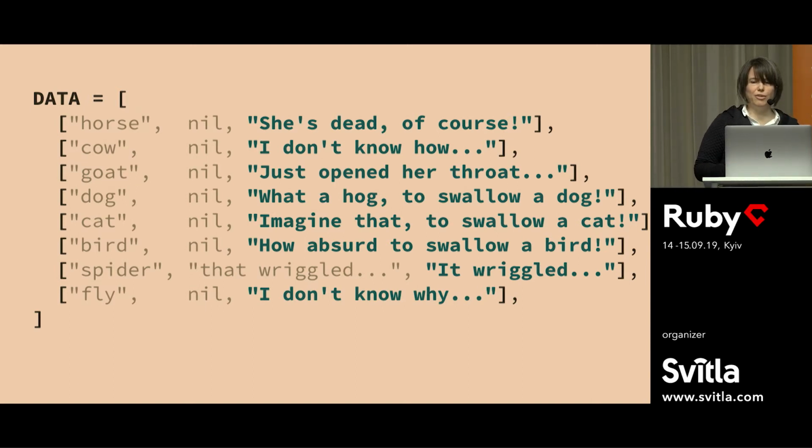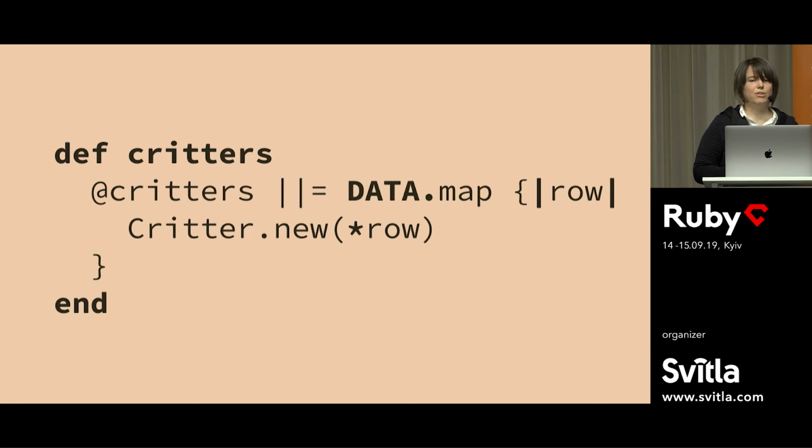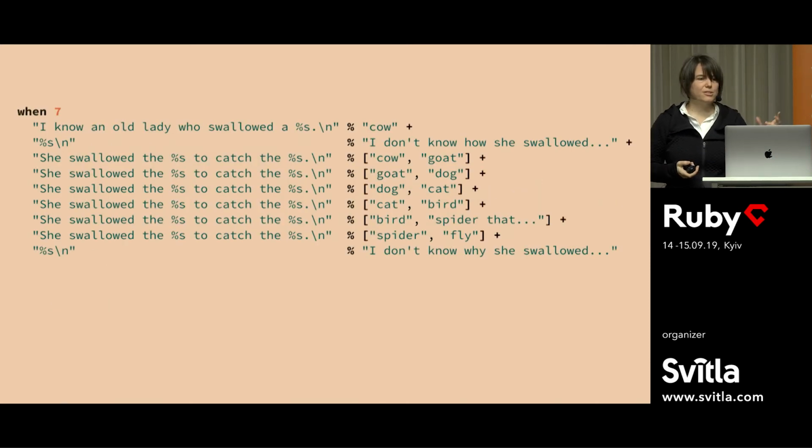So for the sake of refactoring, we can instantiate all the critters based on the data that we extracted, tweak the algorithm so that it uses the objects instead of the strings, and then finally, we can swap the algorithm straight into the verses. So this is the 7th verse, which is the second to last verse, and I chose it because this has the longest possible chain in it. So it should be a really good representative example of the algorithm.